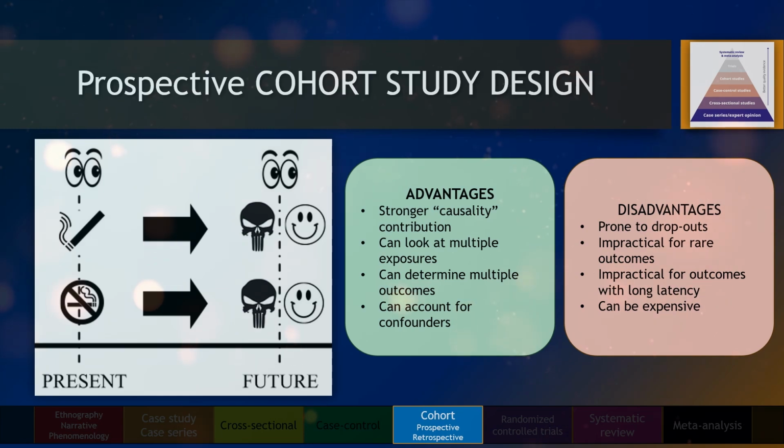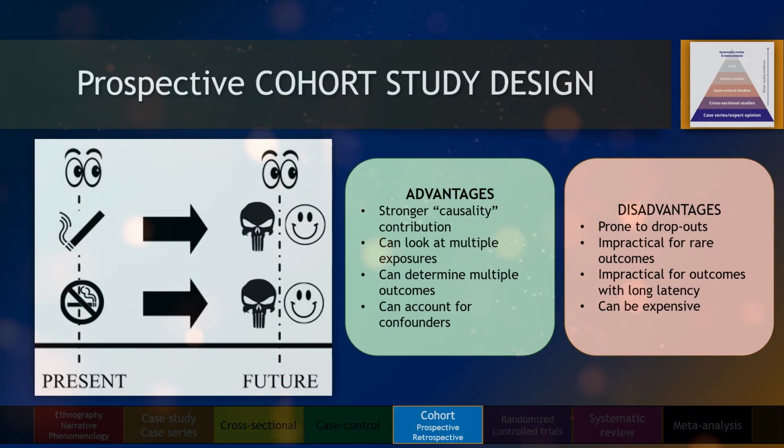Since cohort studies involve sample selection of exposure before the onset of the outcome, cohort studies have stronger contribution to causality compared to the other study designs in our list. It can also investigate multiple exposures, outcomes, and even confounders. The main disadvantage of prospective cohorts is the potential for dropouts.